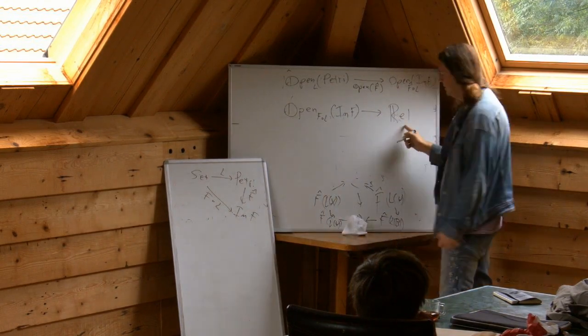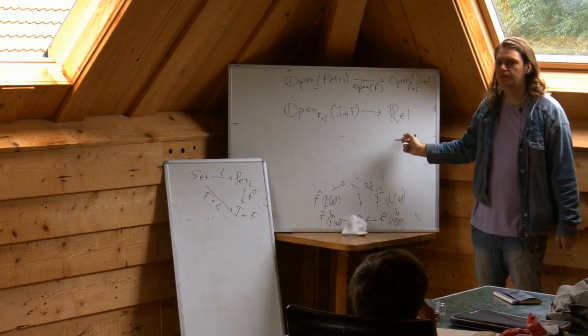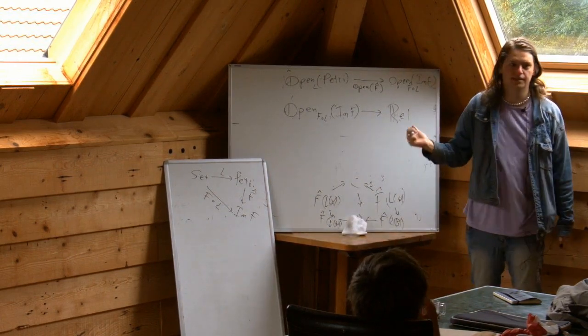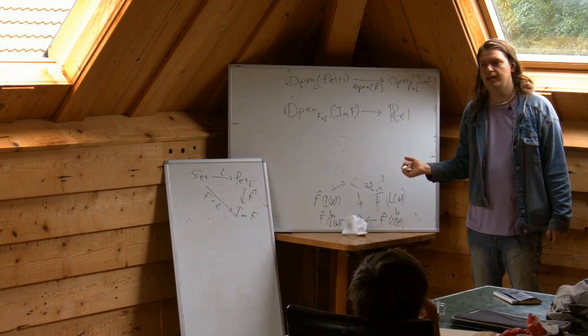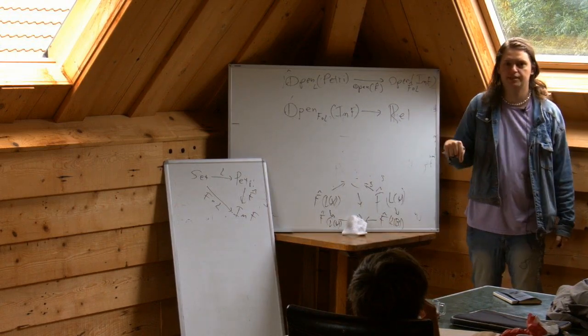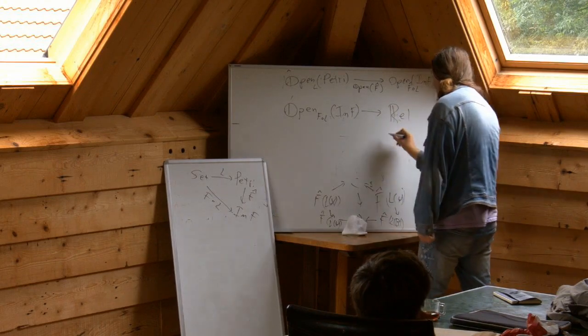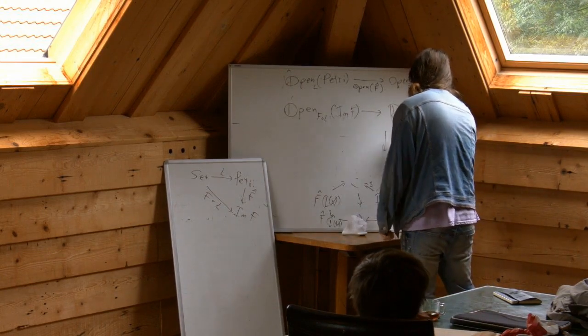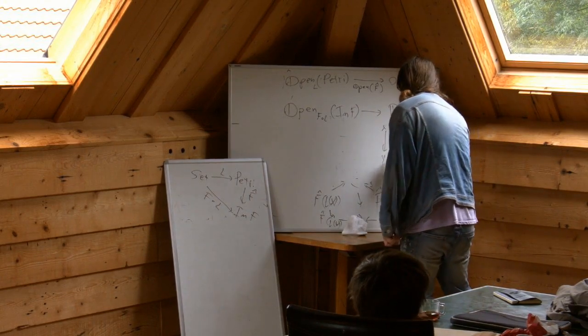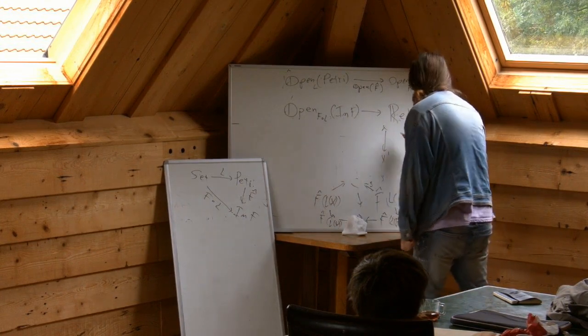The double category of relations has objects as sets. It has horizontal one-cells as relations. It has vertical one-cells as functions. And then two-cells are as follows.